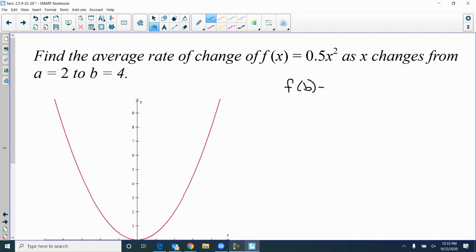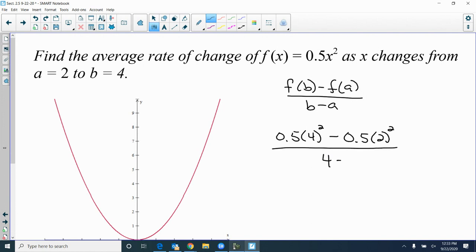We want f of b minus f of a over b minus a. What's f of b? You plug in 4, so it becomes 0.5 times 4 squared minus 0.5 times 2 squared over 4 minus 2. Go ahead and see what you come up with for that.